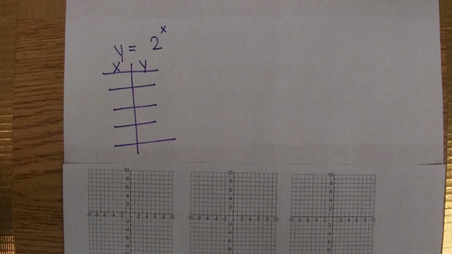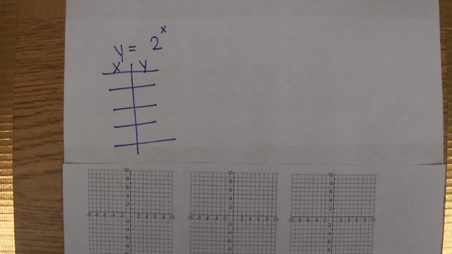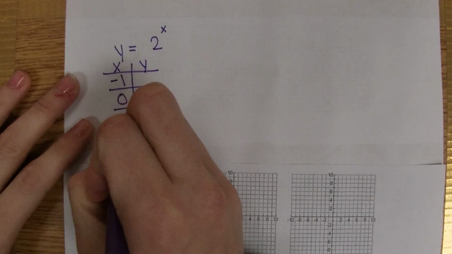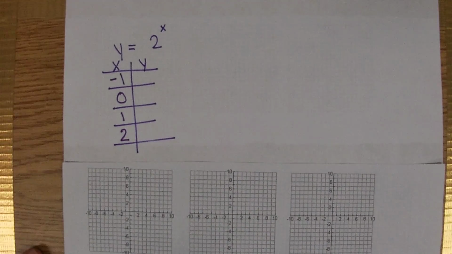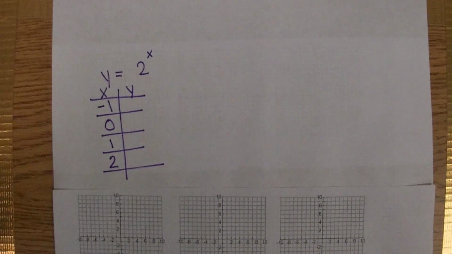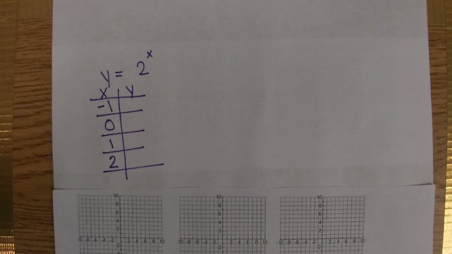Okay, and then it just comes down to ease of picking things. I'm going to pick some very specific points to get us started here. Let's plug in -1, 0, 1, and 2. You can use your calculator to help you do this, or we could use our rules from our properties of exponents.